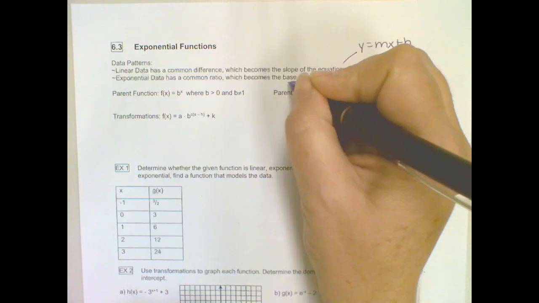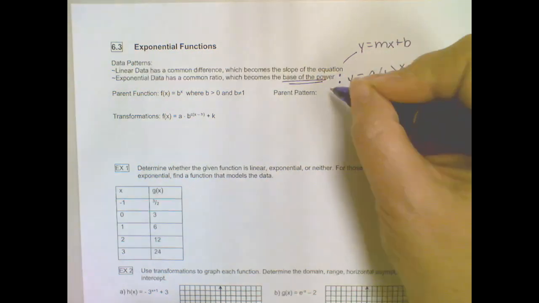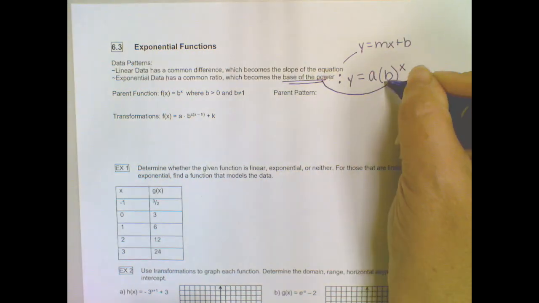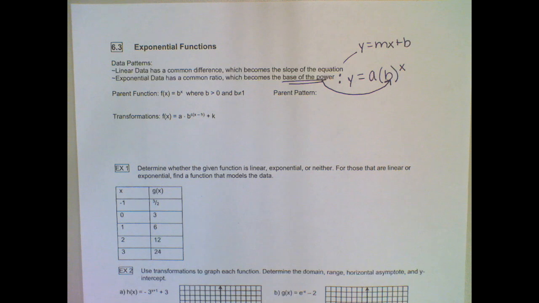When we say base of the power, that is this guy, b. So base of the power, not the same as this b, right? It is the base of the power.